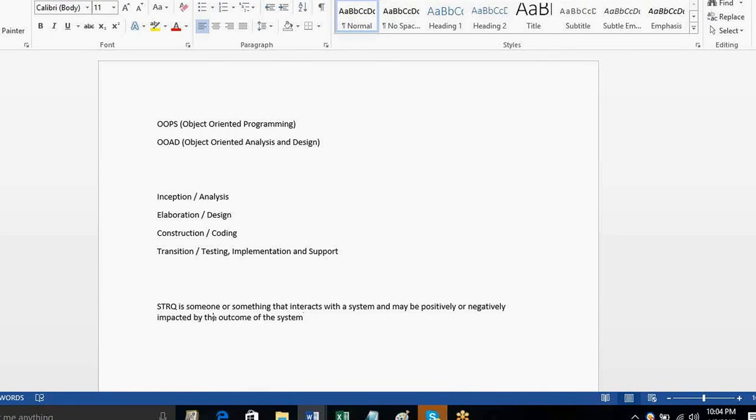Stakeholder, this is a contextual definition and an approved definition of who a stakeholder is by the Rational Unified Process methodology, as well as UML standards, as well as the IIBA definition.